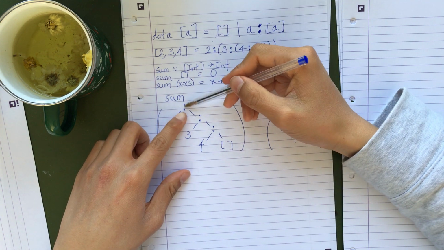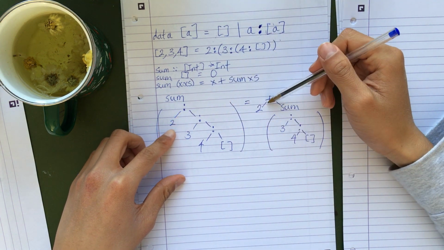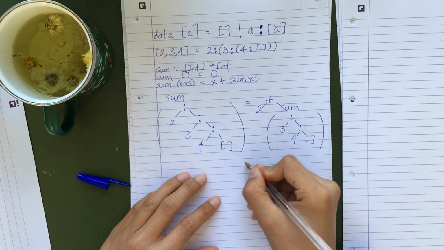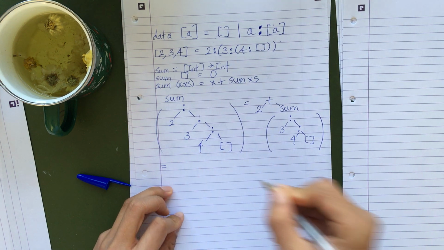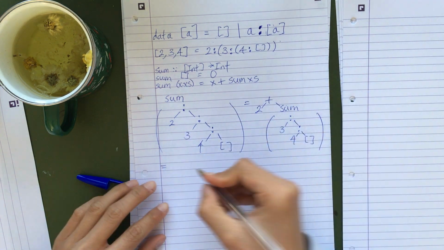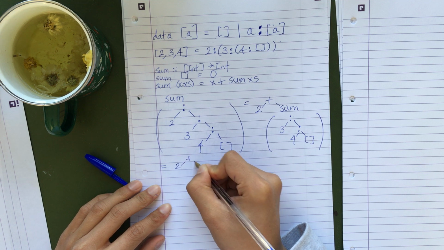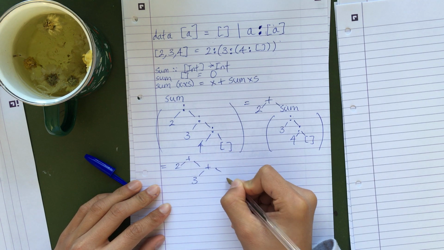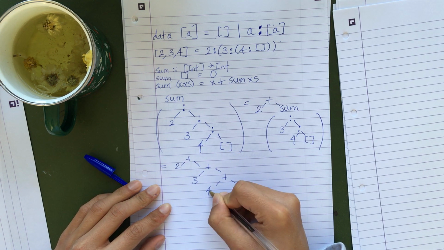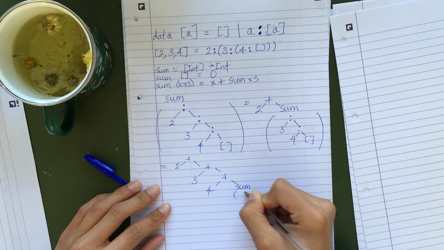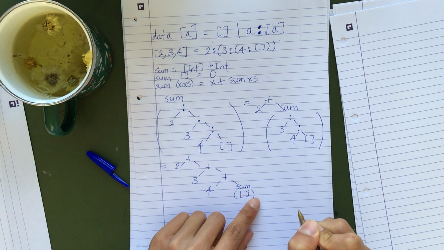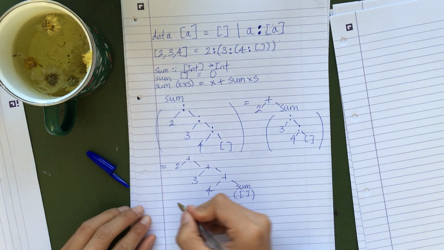You can see that we've replaced the cons with a plus. So we could carry on this way and replace this cons with a plus. Replace the next cons with a plus. And what about the empty list? Well, it's going to be replaced with the sum of the empty list, which is 0.